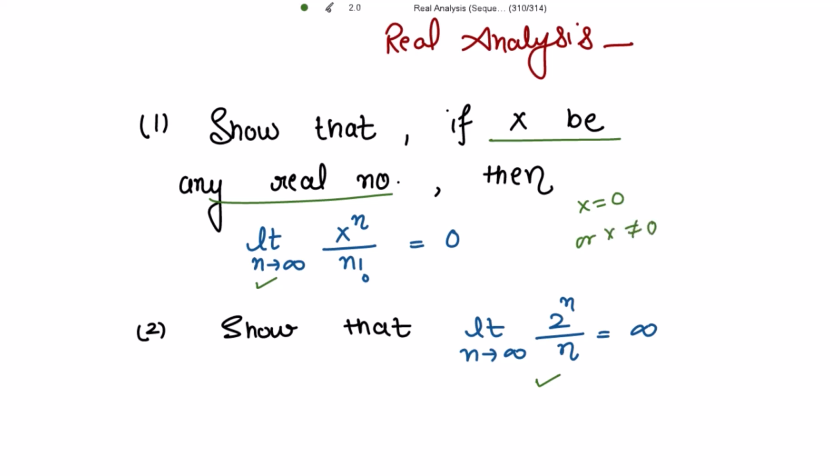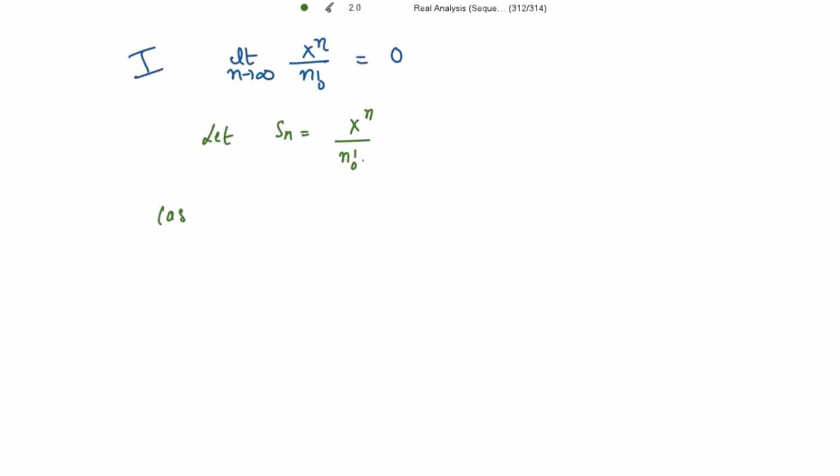Both cases can happen, right? So we need to discuss both of these. Case 1: if x is equal to 0, then Sn is equal to 0 for all n belonging to the natural numbers. And so if you take the limit of this Sn, that will obviously be equal to 0, right?